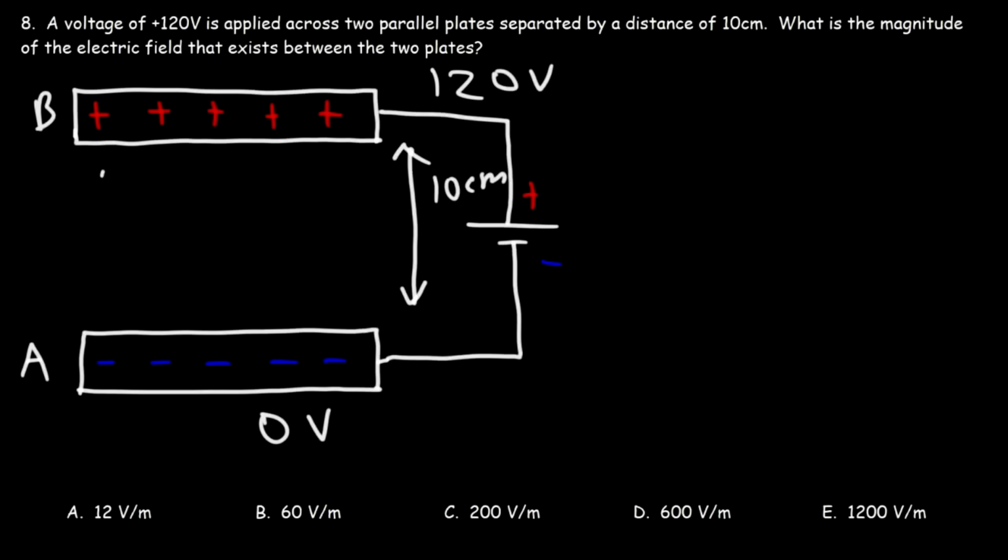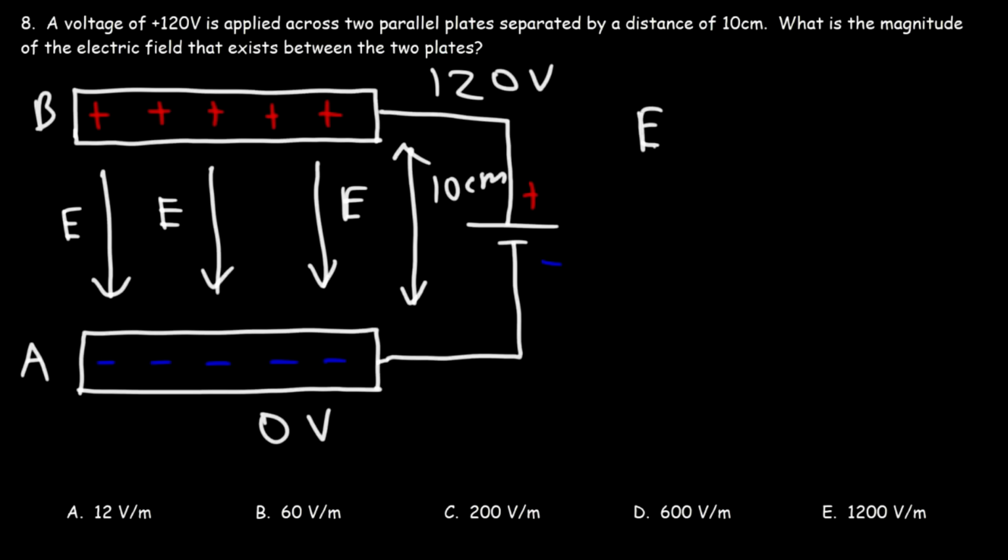How can we determine the strength of the electric field between the two plates? Keep in mind, the electric field always emanates away from the positive plate and points towards the negative plate. The electric field in this situation is the voltage divided by the separation distance. So it's 120 volts divided by the distance in meters.